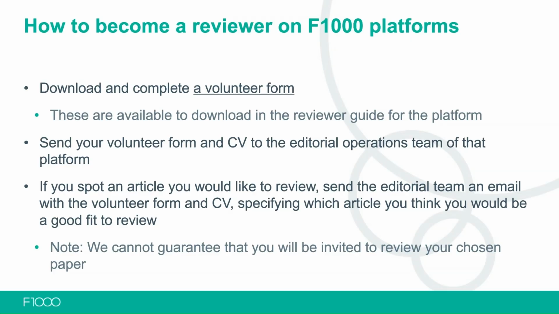If you see a specific article that you would like to review, you can include the article in your volunteer form and CV email and explain why you think you'll be a good fit to review that article. We can't guarantee that you'll be invited to review your chosen paper or any paper, unfortunately, but we can say that you're far more likely to be invited if we have access to your CV.